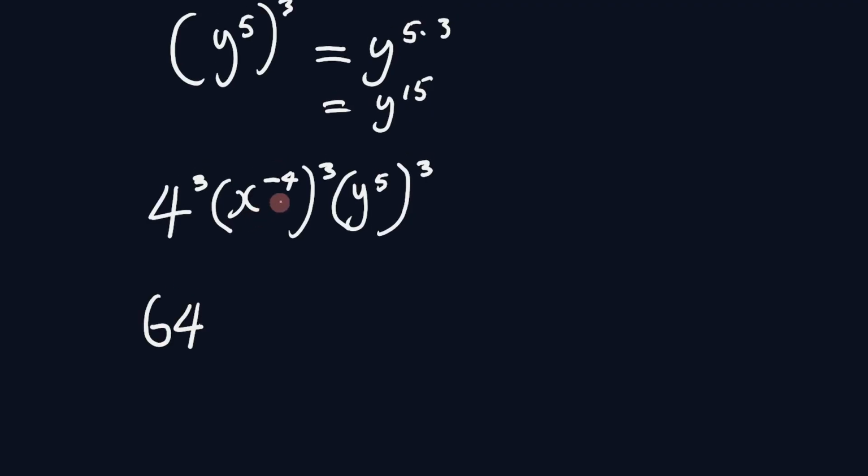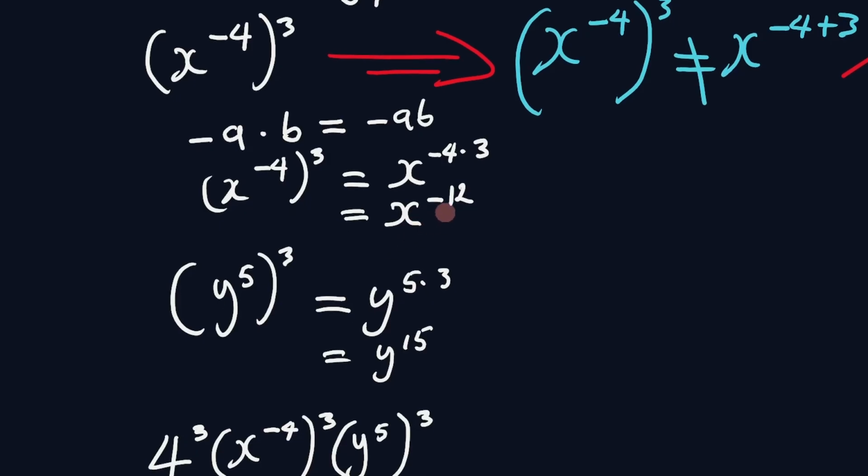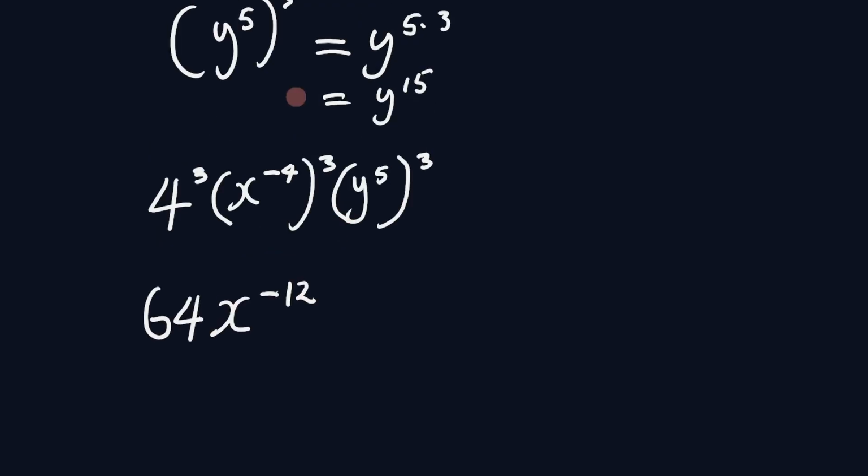Our x to the power of negative 4 all to the power of 3 is x to the power of negative 12. Our y to the power of 5 exponent 3 is y to the power of 15.